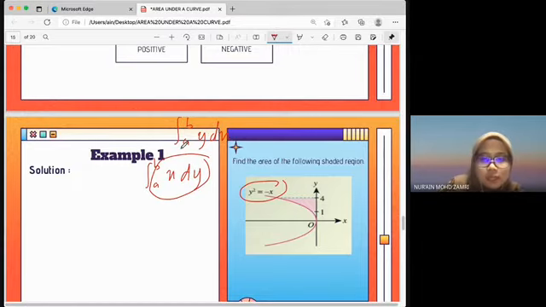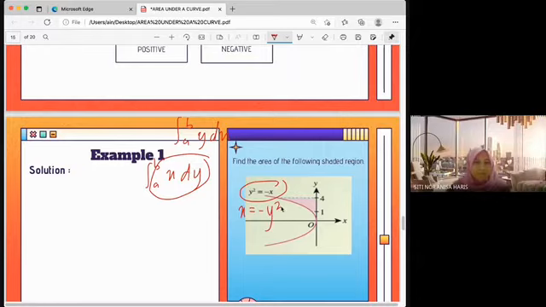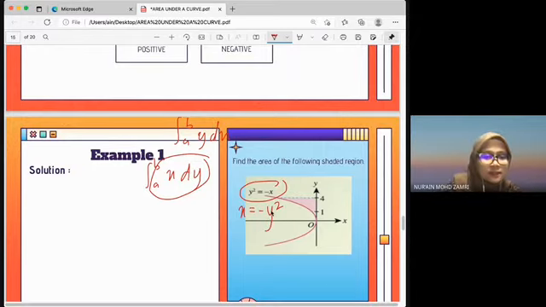So then, we have to express the function in terms of y. x equal to negative y squared. That's correct. So how do you find the area of the following shaded region? First, you have to set up the definite integral of the function x with respect to y.